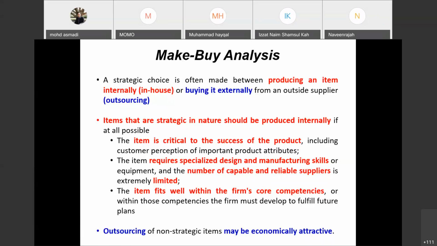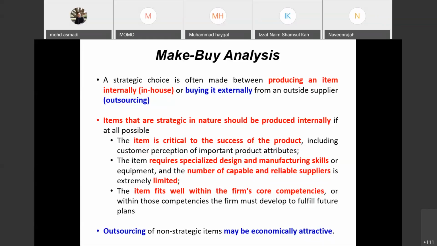Items that are strategic in nature should be produced internally, if at all possible. For example, the item is critical to the success of the product, which is a very special product, requires specialized design and manufacturing skills, maybe there are not many capable or reliable suppliers, or extremely limited, and the item fits well within the firm's core competency.